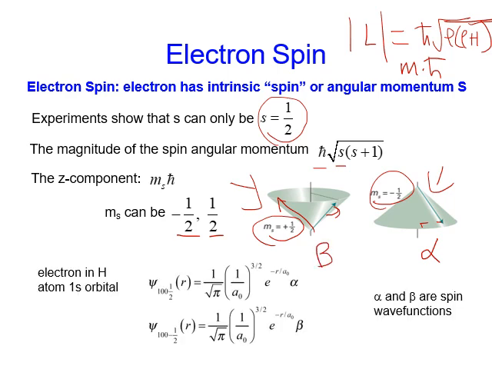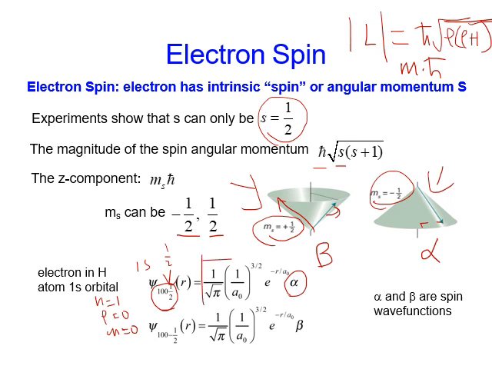So now for the total hydrogen wave function, you need 4 quantum numbers. This is the 1s orbital, which has n equals 1, l equals 0, m equals 0, and here the spin quantum number ms is positive 0.5, so it's the alpha state.